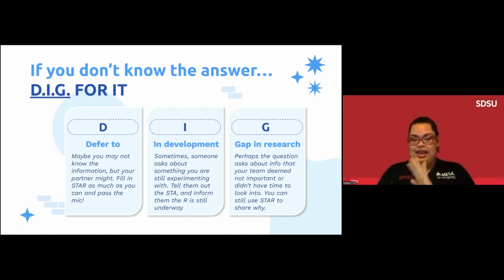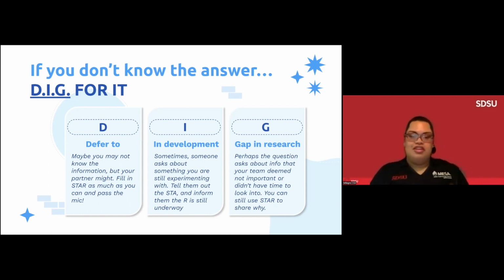Next, the I in dig stands for in development. Sometimes it's not necessarily that you don't know the answer because you don't have the knowledge, it's just that you don't have the knowledge yet. Many times you'll get asked a question about something that you're still looking into, or something that you're planning to look into and you have a plan of action ready to go, but you didn't have enough time before the day to present.